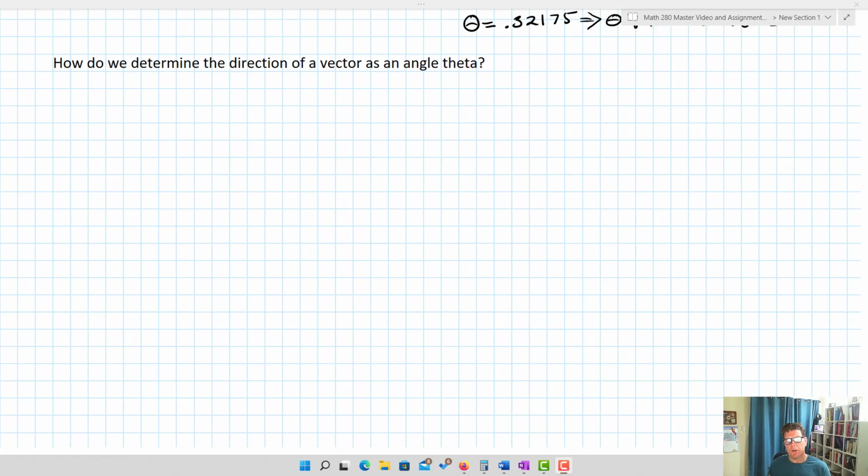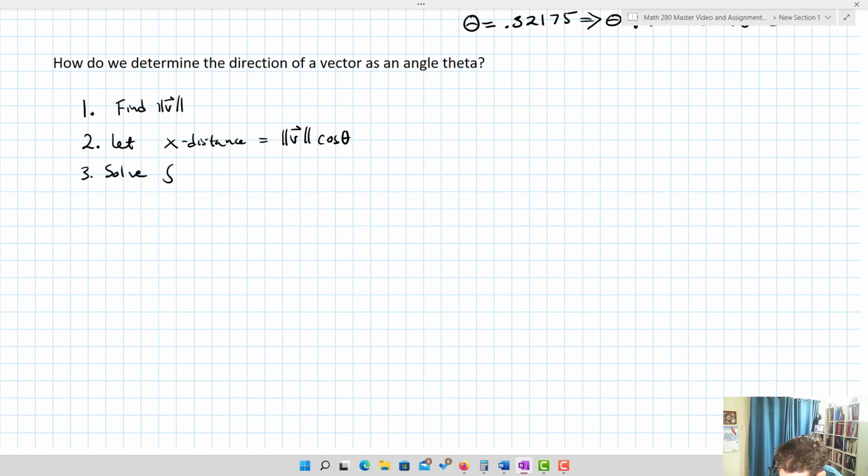So how do we determine the direction of a vector as an angle theta? The first thing we're going to do is find the magnitude of v. Then two, we're going to let the x distance equal the magnitude of v cosine theta, and then solve for theta.